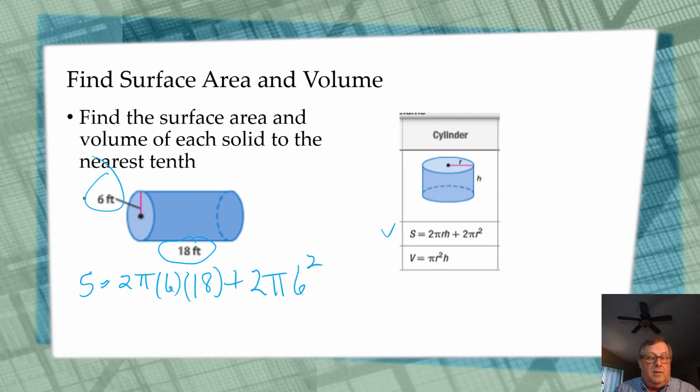Let's see, I probably need to go to the calculator. All right, 2 pi times 6 times 18 plus 2 pi times 6 squared, which is 36.